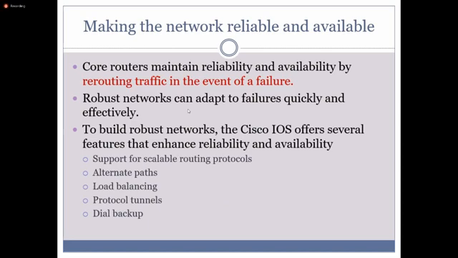We don't want to buy two leased lines because of the high cost of maintaining them, so it is better to keep a dial backup to enhance reliability and availability. So to build robust networks, we have to think about scalable routing protocols, alternative paths, load balancing, protocol tunnels, and dial backups.